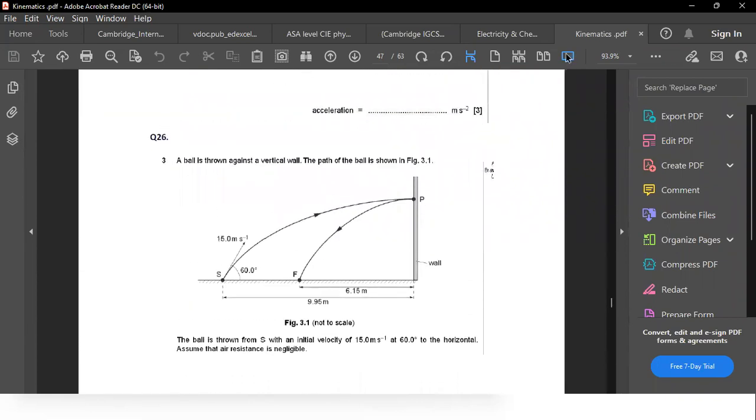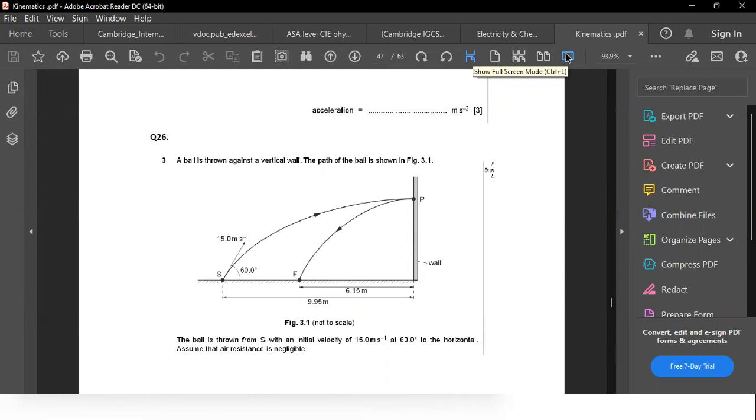So let's quickly calculate the horizontal component and the vertical component. We have 15 at 60 degrees. So the horizontal component is 15 cos 60, which is 7.5 meters per second.